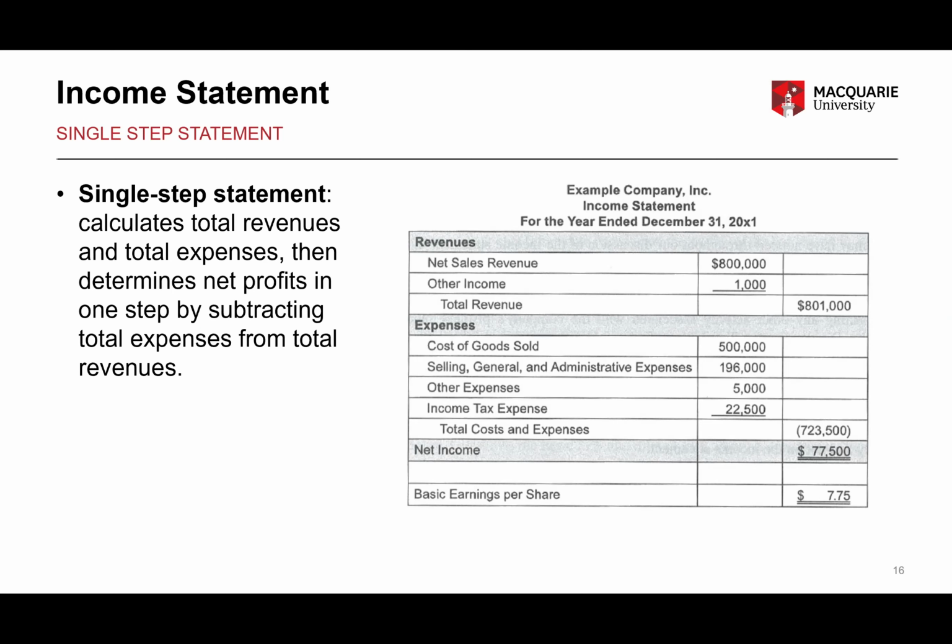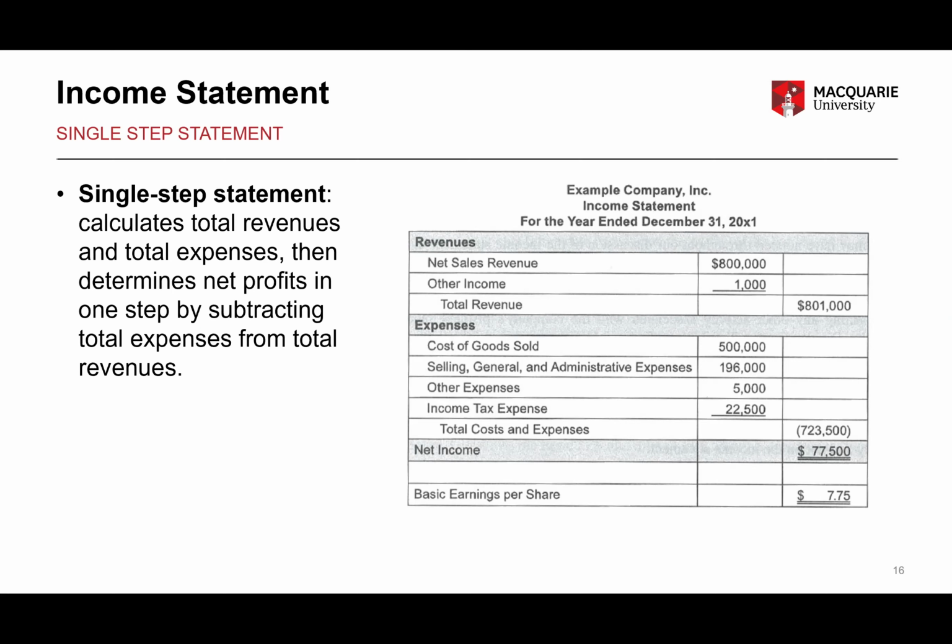And the basic idea here is to measure the profit, we're taking the revenue minus the expenses. The revenue is what the business is earning, through providing goods or services. And the expenses are whatever the costs are that are associated with earning that revenue. So expenses are things that we have used up in order to earn that revenue.